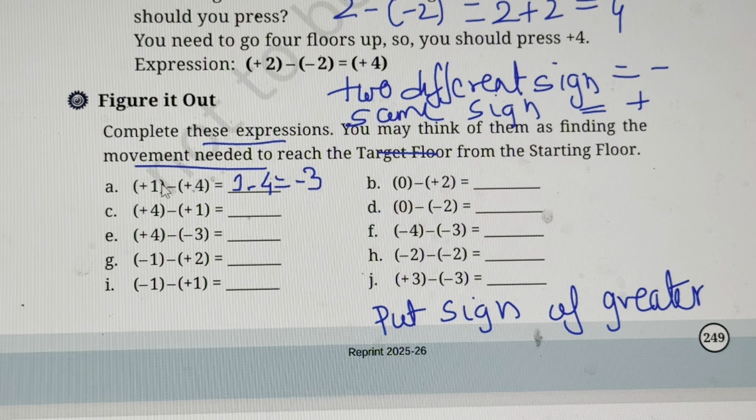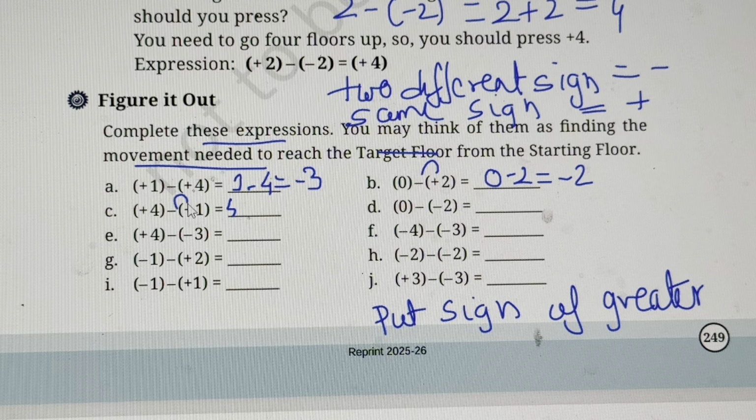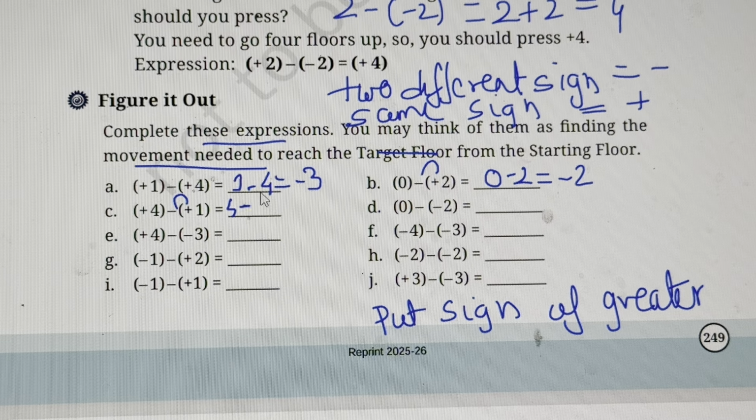This is question number A. Then B. 0, we write as it is. Minus plus becomes minus. Now you subtract any number from 0, you get the same number, so answer is minus 2. Third question, this is positive 4, so we write it as 4. Minus and plus, different sign, so minus sign will be there. So 4 minus 1, directly we can write 3.